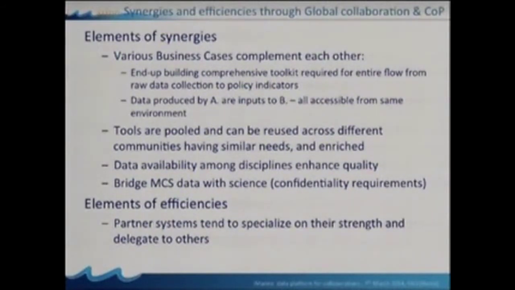And also, we believe that by taking care of confidentiality requirements through different levels of access in the virtual research environment, we can be actors in facilitating the connection between MCS, monitoring, control, and surveillance data, and their use by scientists.